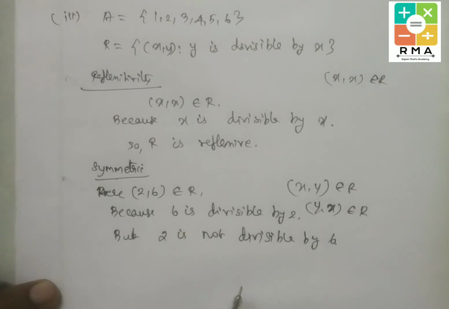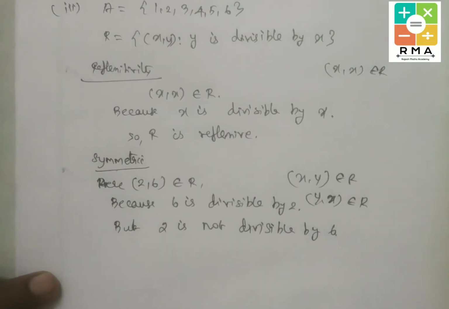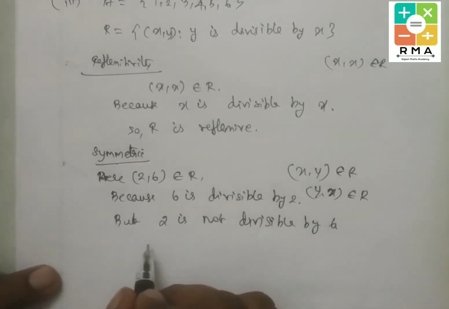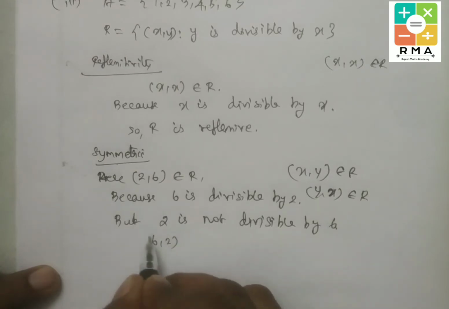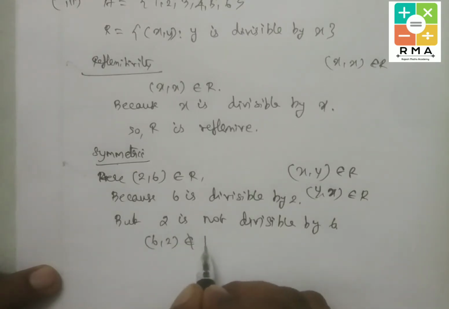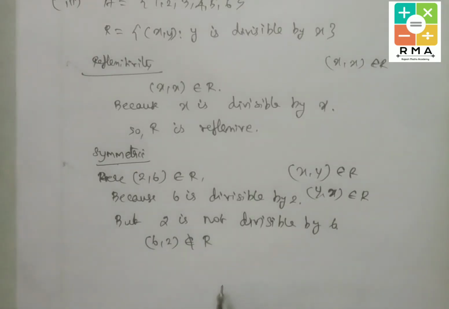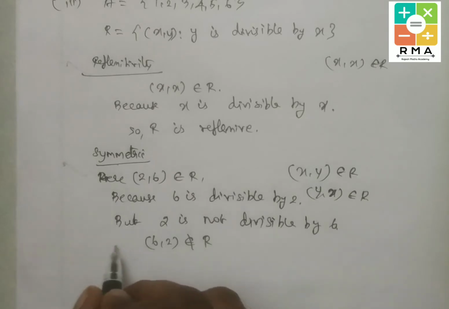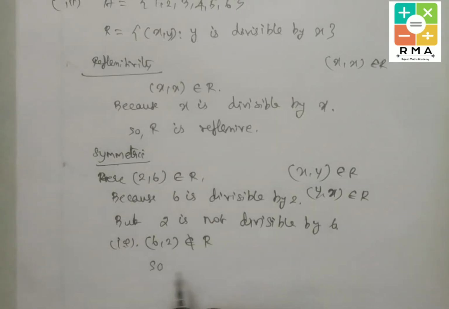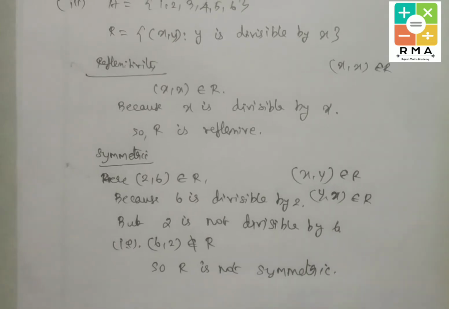Only one example is enough to prove that it is not true. So I can say that 6 comma 2 does not belong to R. See that 2 comma 6 belongs to R, but 6 comma 2 does not belong to R. So what can I decide? R is not symmetric.